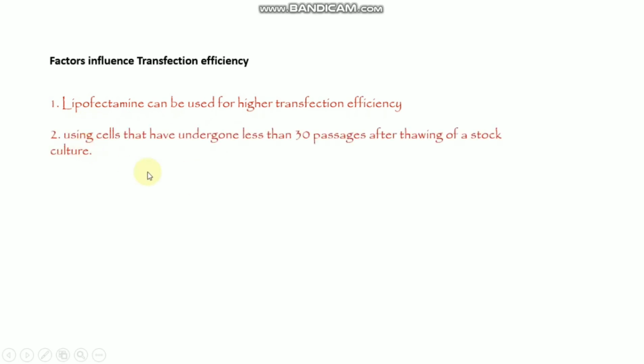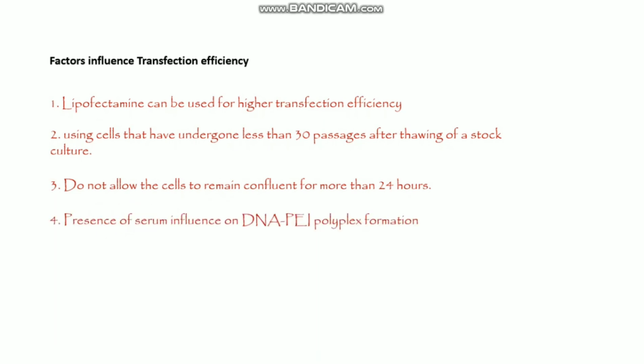And you have to make sure that the cells you use have not been subcultured more than 30 passages, and also do not allow the cells to remain confluent for more than 24 hours.